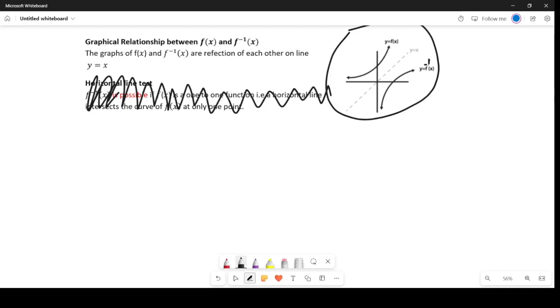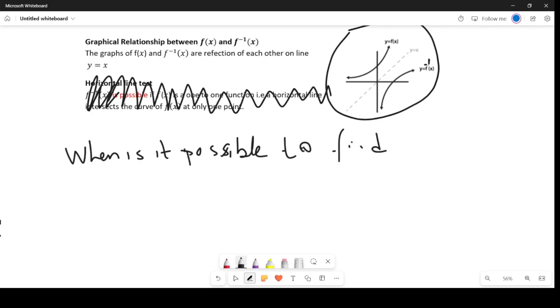So when is it possible to find f inverse of x?